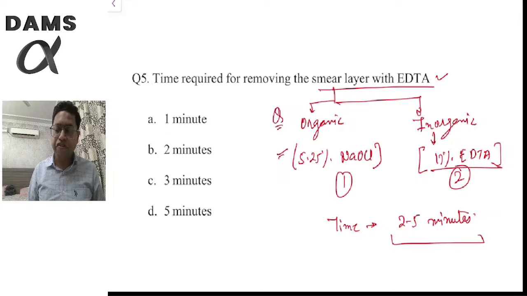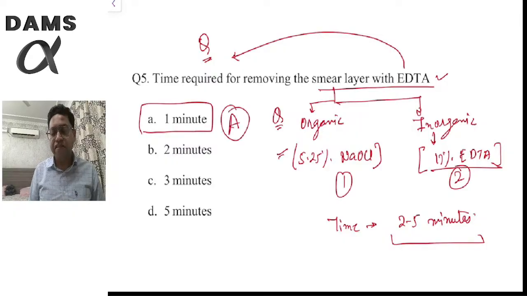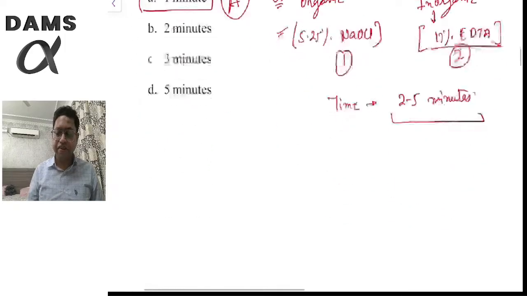This is one set of question. Here is another set of question. The question is simply asking you the time required for removing the smear layer by EDTA. It is not mentioning anything about sodium hypochlorite. So for that, you have to remember that it would be 1 minute. Option A would be the answer. Directly EDTA has been asked, so 1 minute would be the answer. Remember that.